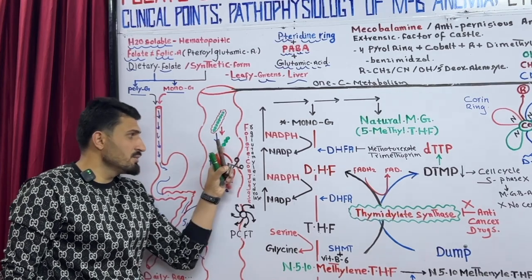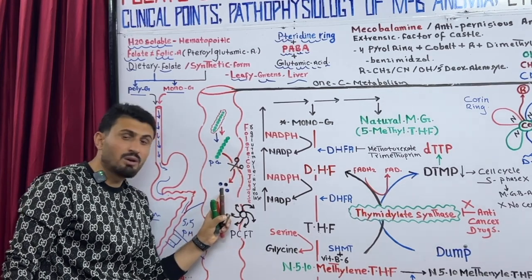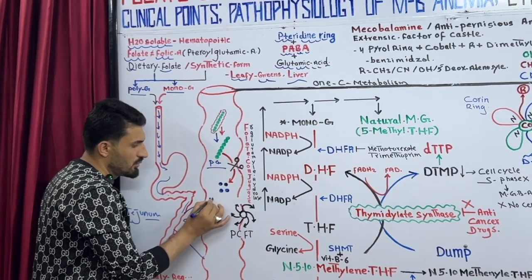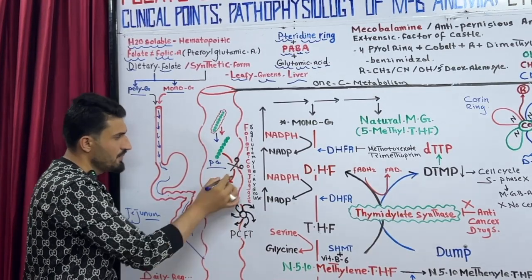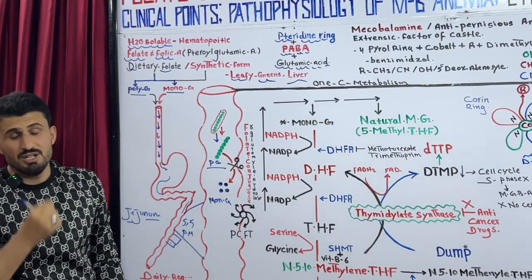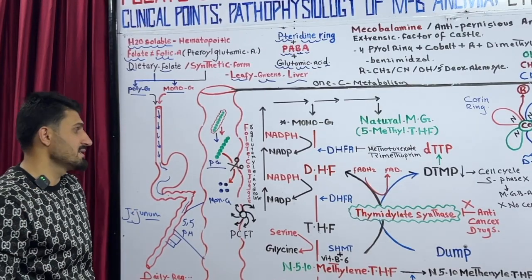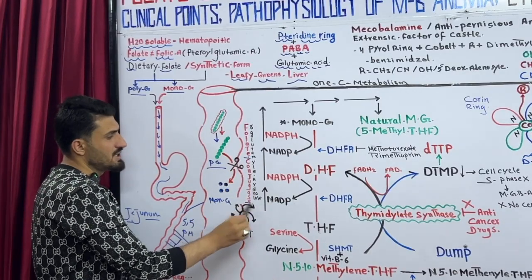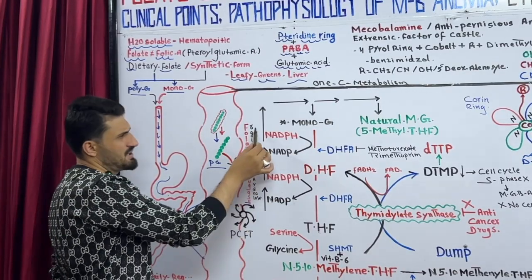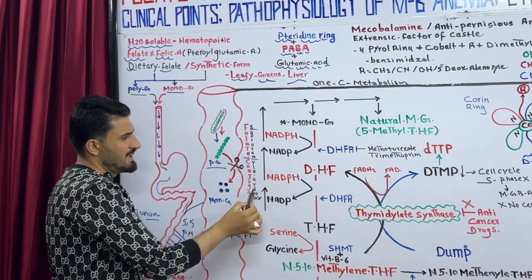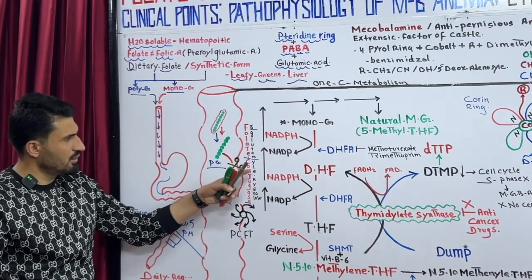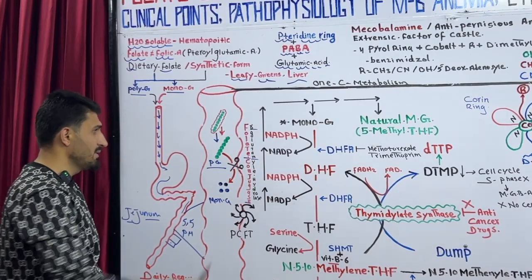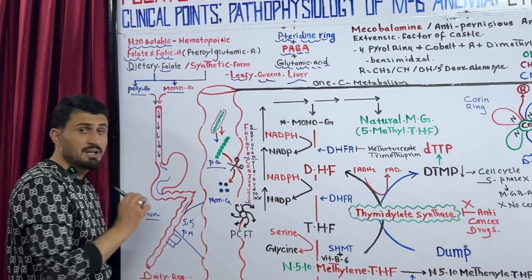We have to change the polyglutamate form to the monoglutamate form. We change it in the jejunum, and in the jejunum we use an enzyme. The enzyme is called folate conjugase, or sometimes gamma glutamyl hydrolase. Got it? So this is the folate conjugase enzyme in the jejunum.